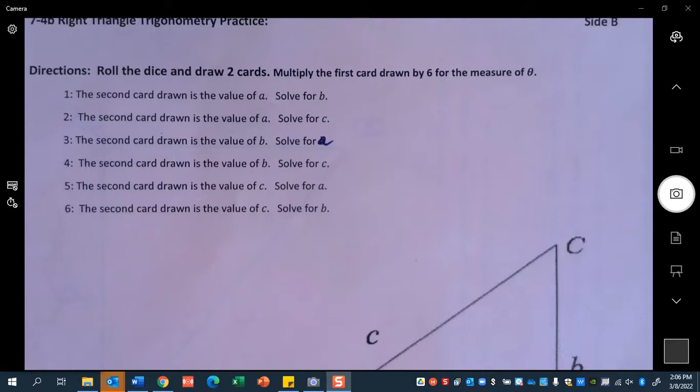So if you get a joker, it's a bust. Or we should do jokers of 14. Does 14 take you over 90? 14 times 6 is 84, below 90. 15 times 6 is over. Okay, so we should do jokers of 14.